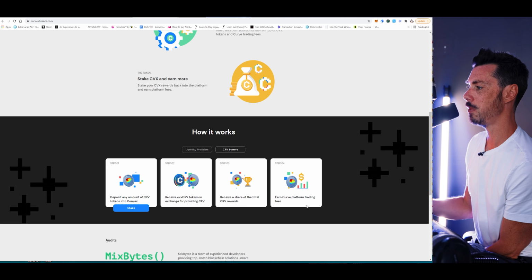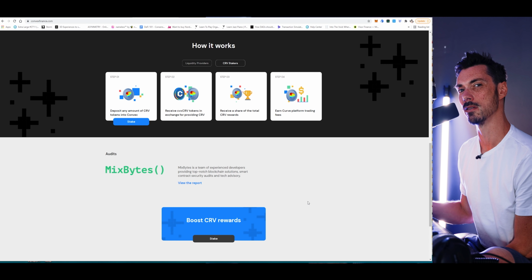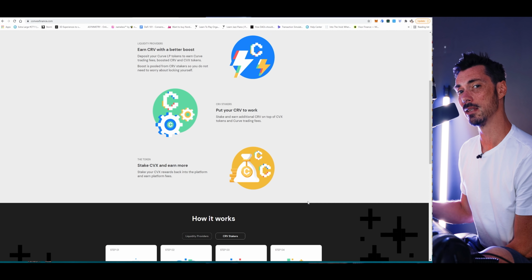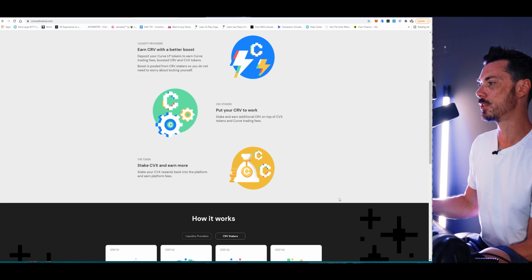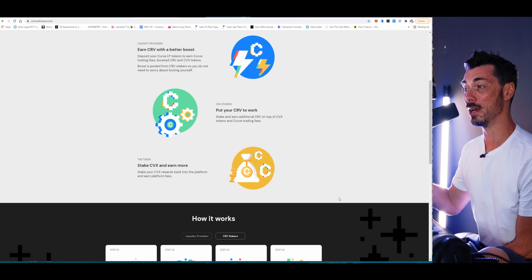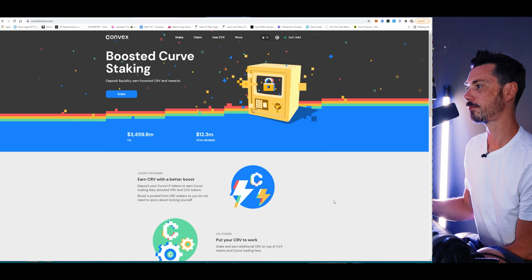You'll earn Curve platform trading fees, but you'll also earn CVX tokens. And with those CVX tokens, you can then stake them to earn more CVX rewards. So there's an additional rewards layer on top of that, because it's Convex's own token that they can reward you with for using their platform rather than going directly with Curve.